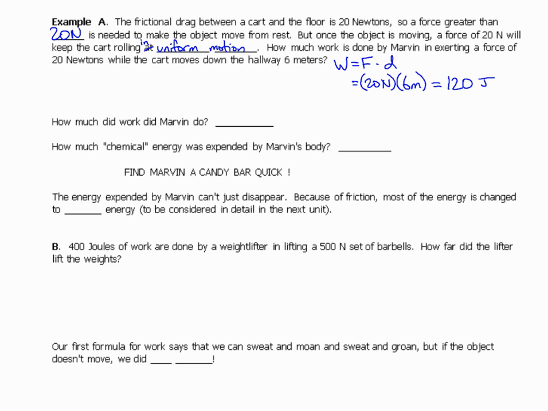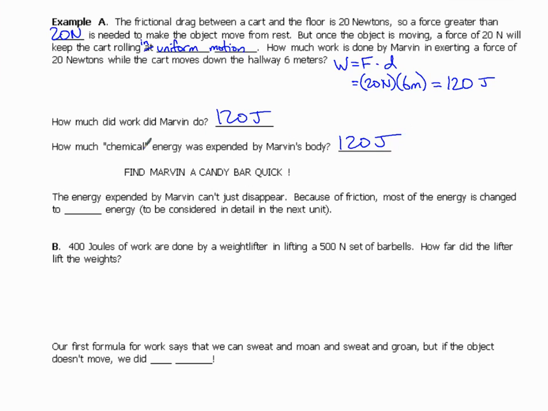How much work did Marvin do? Here it is, 120 joules. How much chemical energy was expended by Marvin's body? 120 joules. Remember, we didn't create energy, we didn't destroy energy, we just changed it from one form to another.